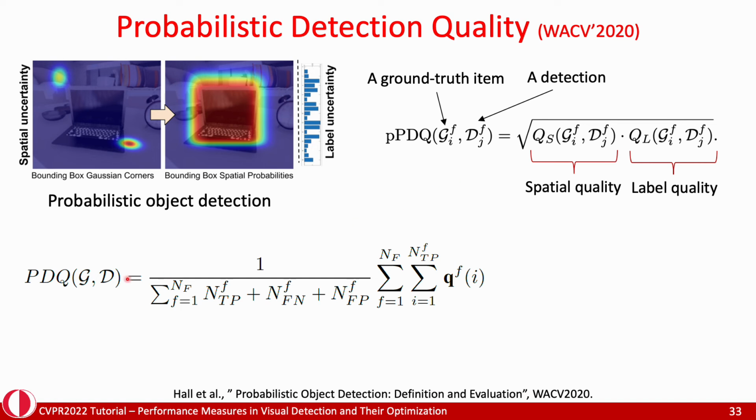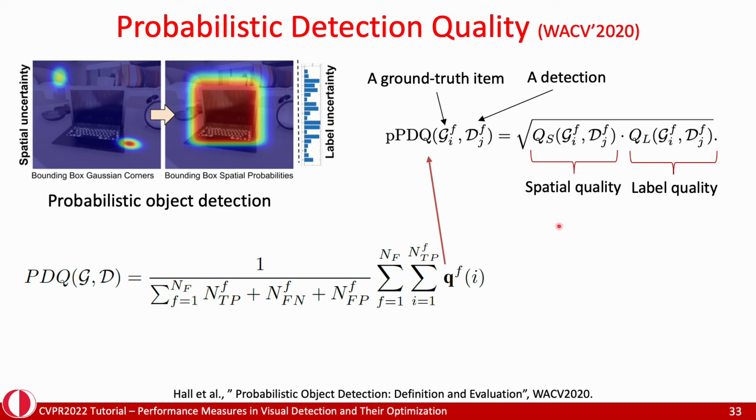Then, overall PDQ is computed using this formula, which is structurally very similar to PQ and LRP as well. Here, this Q function is actually PPDQ, which measures the spatial quality and label quality for a detection ground truth matched pair.